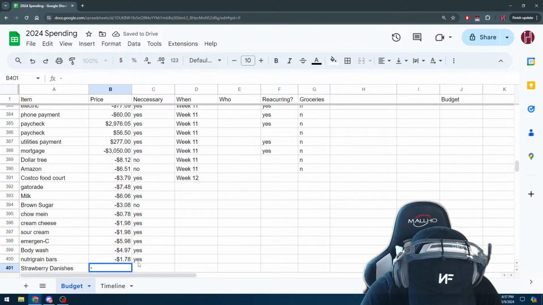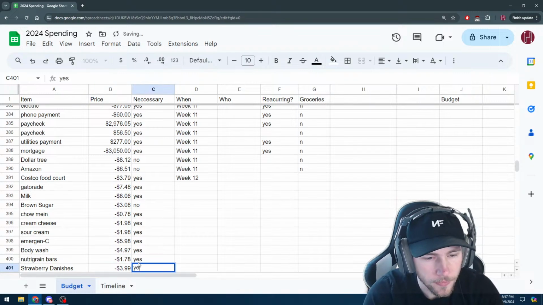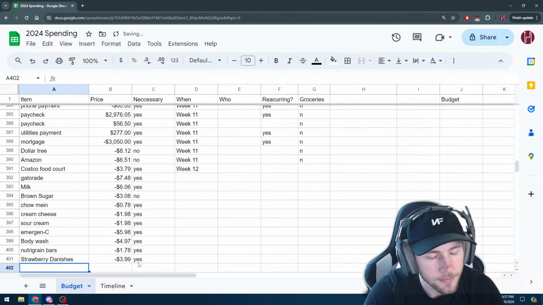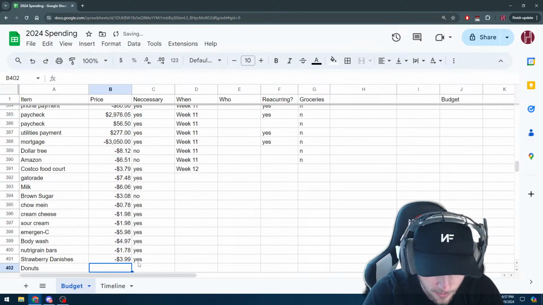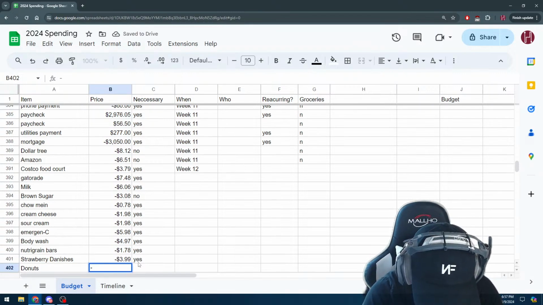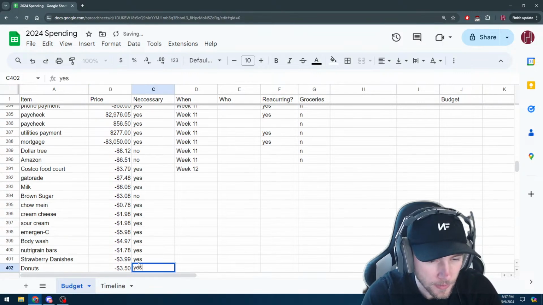Normally wouldn't buy those. Minus 399. We'll say yes on that one, but I see here that there were also donuts, and we're gonna say no on those. The Danish is a little better because it's got more fruit and cream cheese and some other things. What were these, 350? It's hard to do this while talking, surprisingly enough.